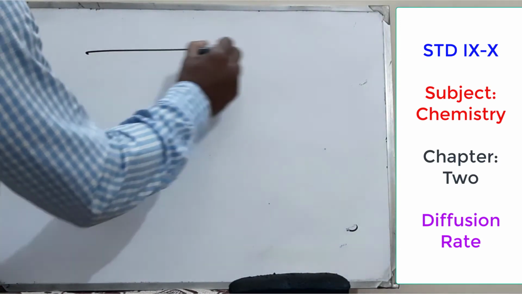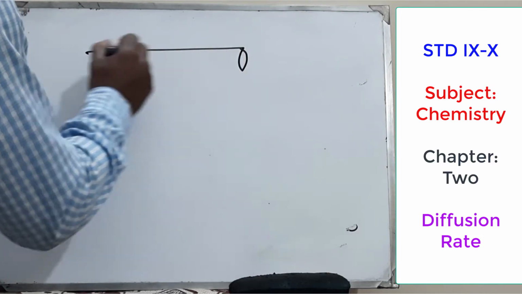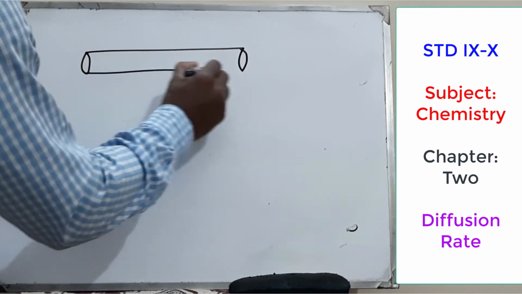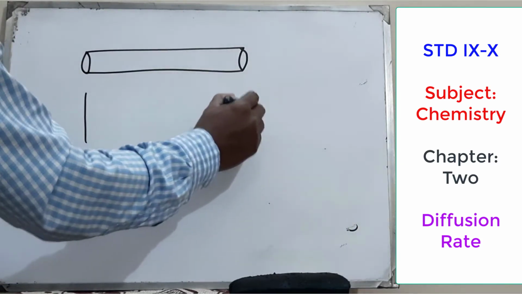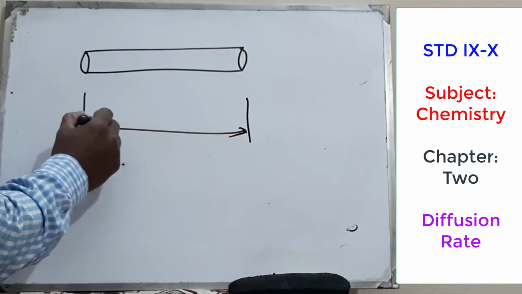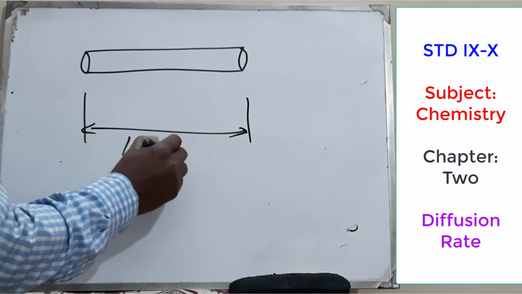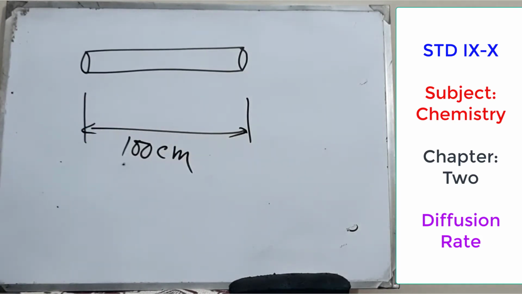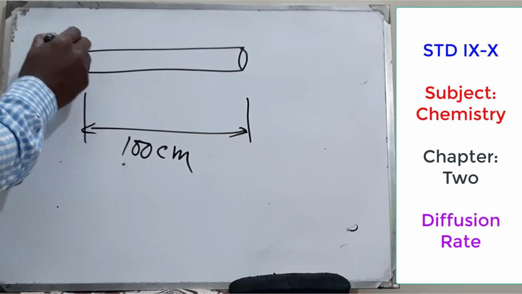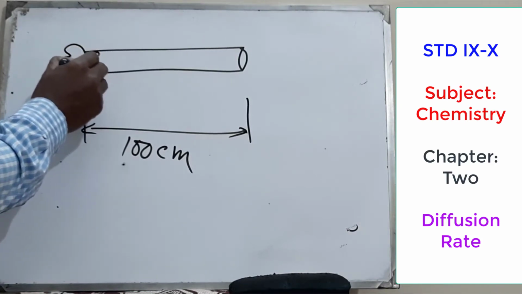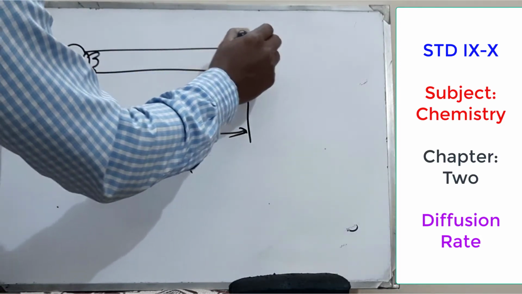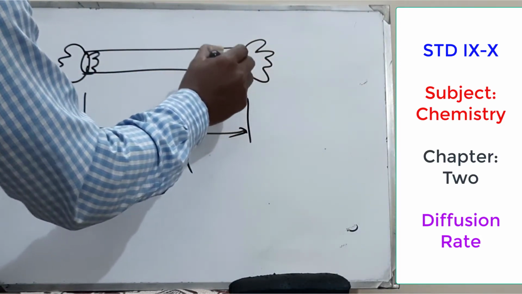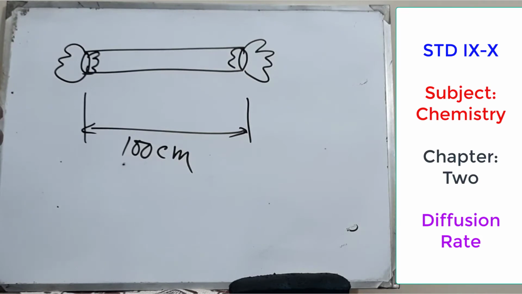Suppose this is a glass tube and the length of the glass tube is 100 centimeter, and this is a cotton and another cotton I have put.